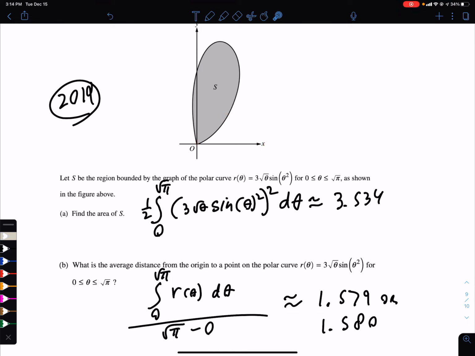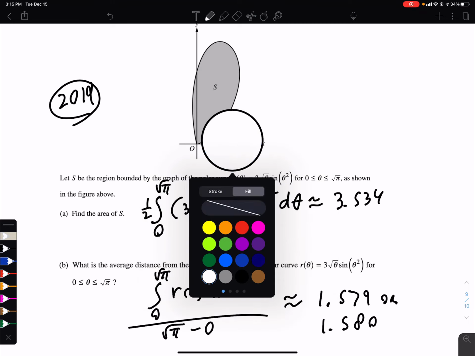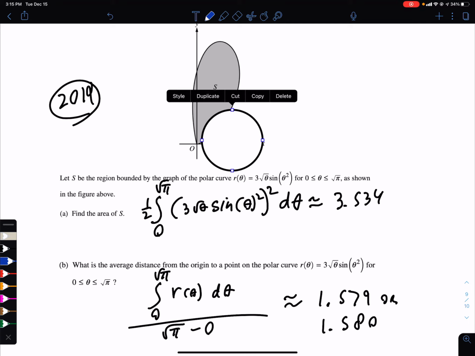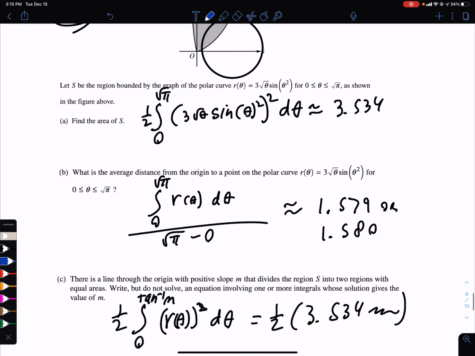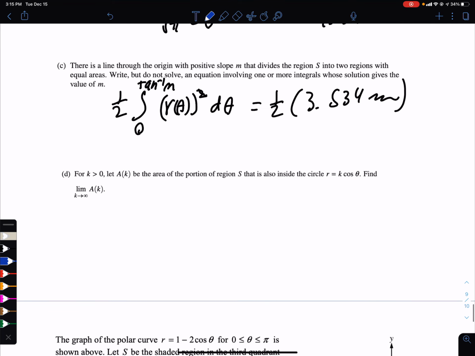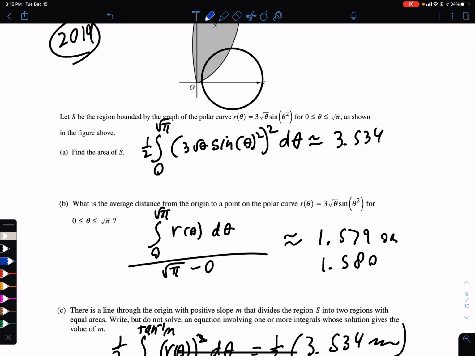So let me draw that in, and I want to make that no fill. There we go, that's better. So that's going to be the function r equals k cos theta, where this right here is k, the distance out there.